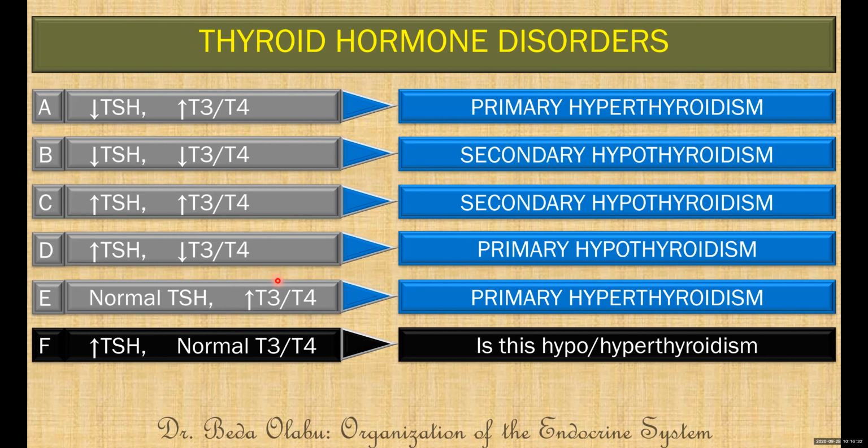Going by the normal TSH, the gland is not dependent on the TSH, and that's what makes it primary. Because if the abnormality is dependent on TSH, then it will be secondary. If the abnormality is not dependent on TSH, then it is primary. Cool. Okay. I got it.